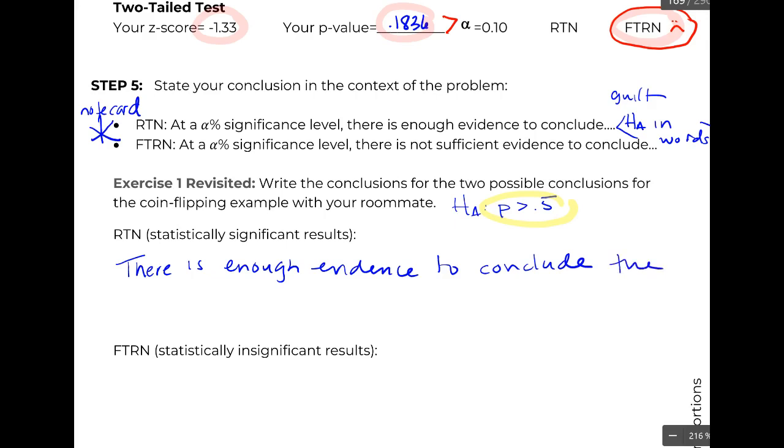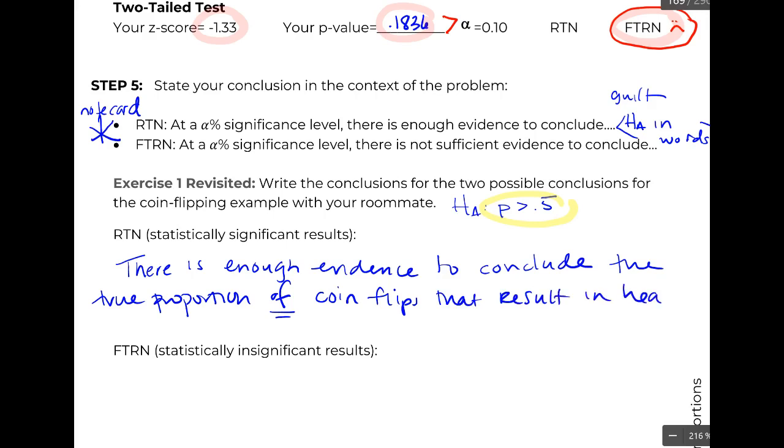And we do need to give context, just like in our confidence intervals. So our true proportion of coin flips that come up heads is more than 50% or 0.5.